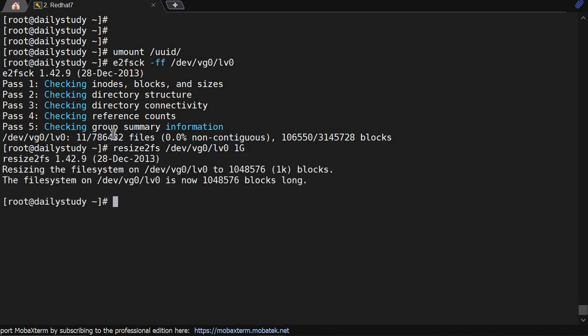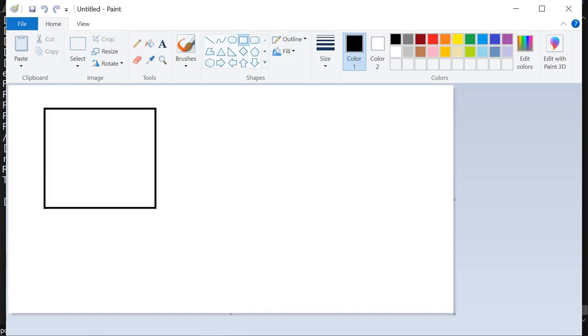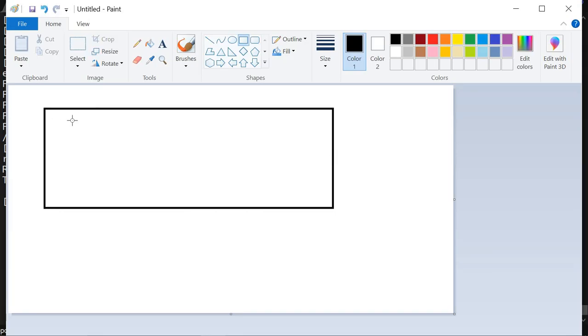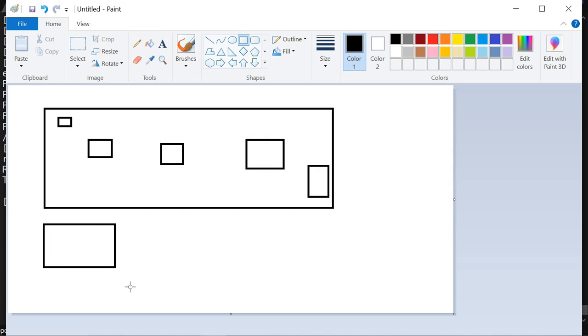So what it will do, it will shrink all the data. Let me show you. Think about this is our hard disk, okay, of 3 GB, and here we are having some data here also, here also, here also, and here also. Like this much data I'm having. If I want to reduce it by 2 GB and the new disk will become like this, I cannot slice it here.